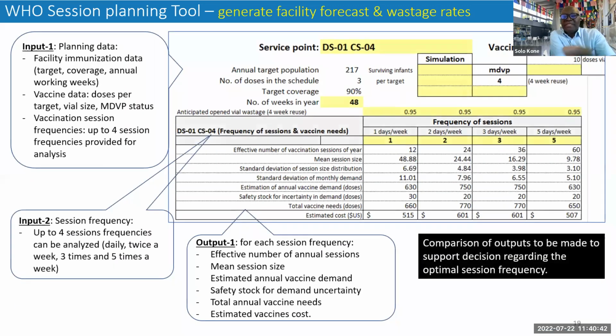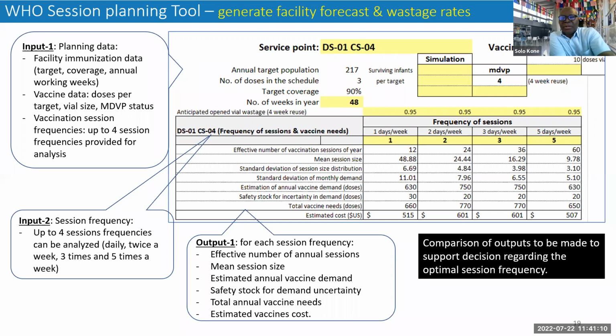There's a special sheet that we call simulations. You select your facility service point. You select the vaccine. By default, figures will come in the white cells, but in the simulation you can change those figures and put here in the table the input for the frequencies: 1 week, 2 weeks, 3 weeks, 5 weeks, and it will calculate the result.